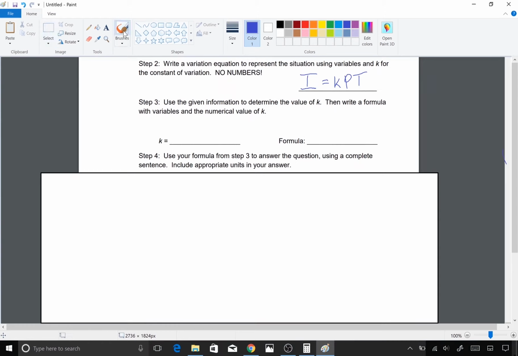Let's plug the values from the problem into the equation and find K. We have that the interest is $320, and that equals K times $2,000, which was the principal, times 4 years, which was time.